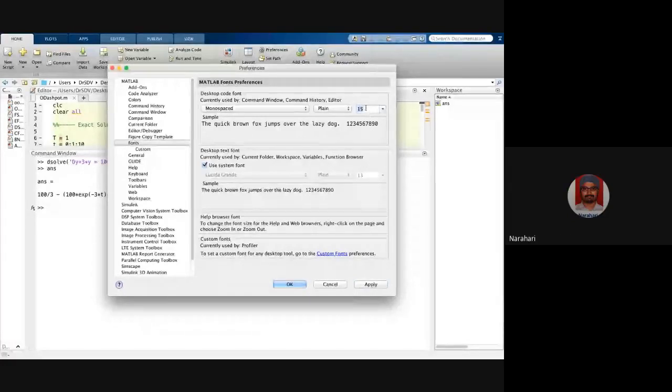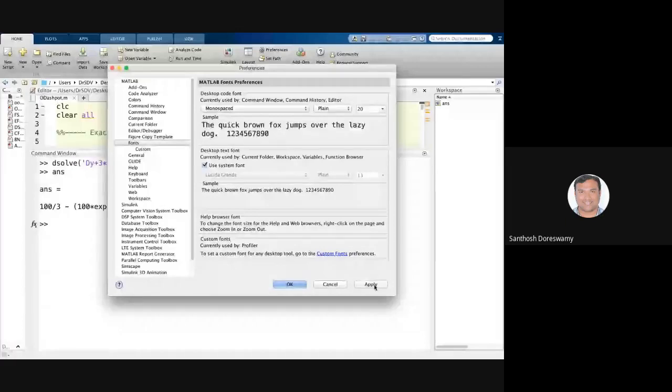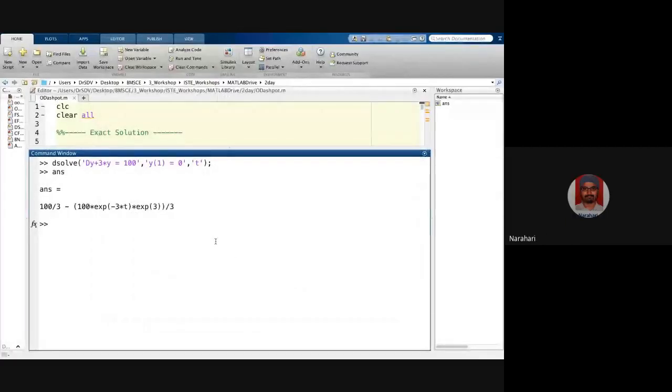Now it's zooming. You can make it 18 probably. Is it visible? Yeah, it's fine.